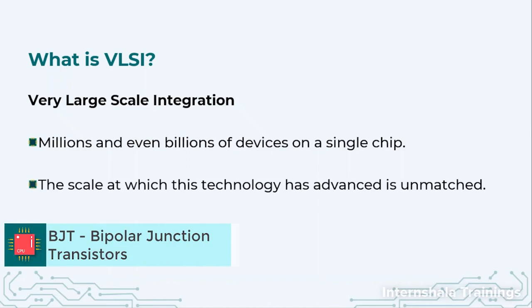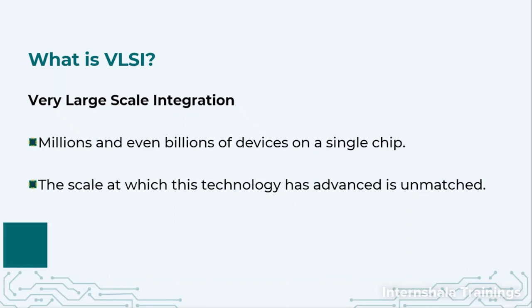This technology has advanced at unmatched pace. No other technology has advanced at such a high pace. If we were able to integrate only thousands of transistors or devices on a single chip around 3 decades back, now we are able to integrate millions and even billions on the same chip.